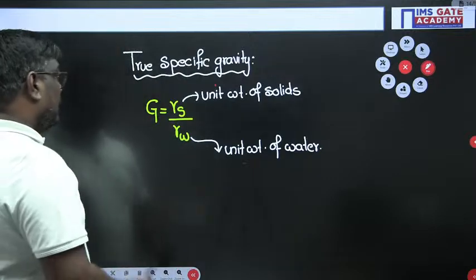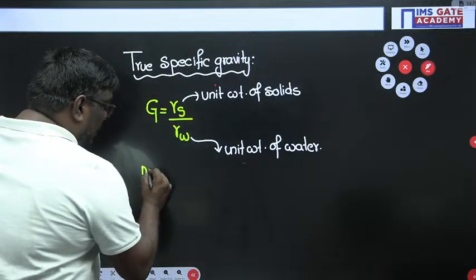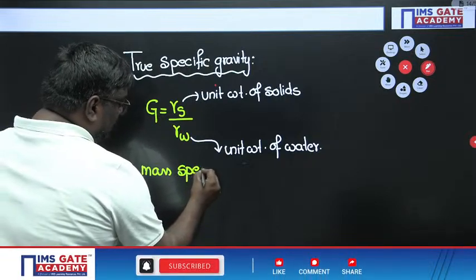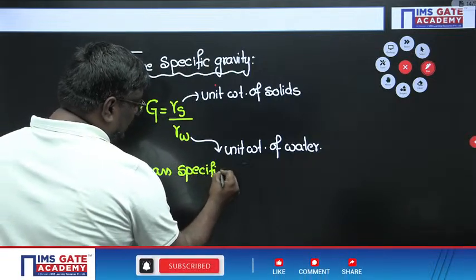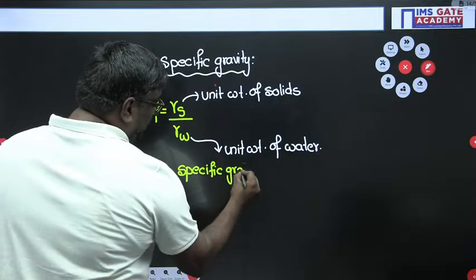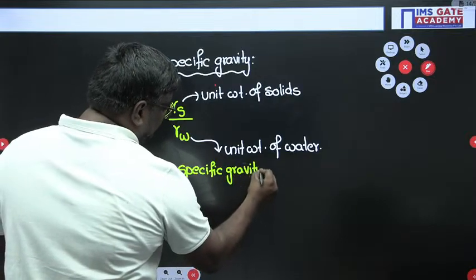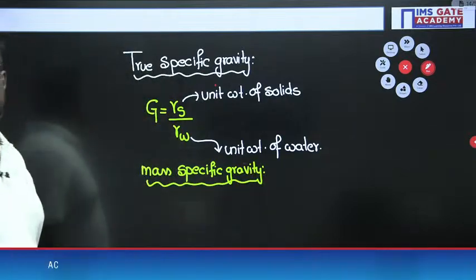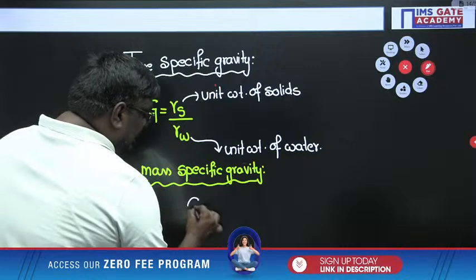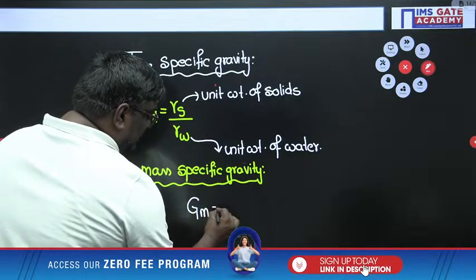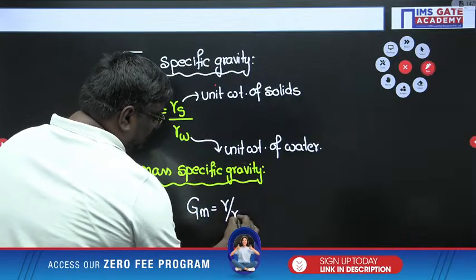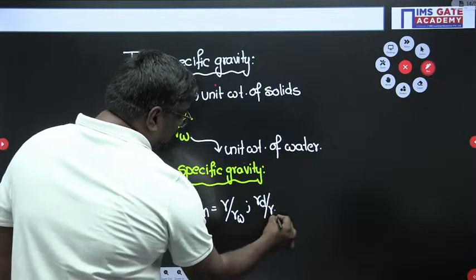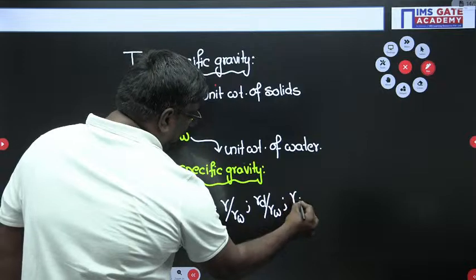Agree? Now, similarly, we have mass specific gravity. What is it denoted by, sir? G_m. So G_m can be written as the ratio of gamma by gamma_w, or gamma_d by gamma_w, or gamma_sat by gamma_w.